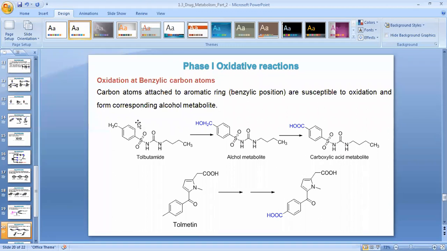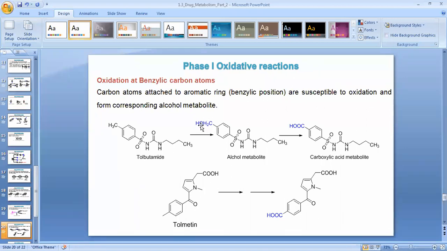Now this aromatic ring is going for oxidation, and the carbon atom which is attached to this aromatic ring goes for oxidation to form the corresponding alcohol. So this methyl functional group is going to form a methyl alcohol.